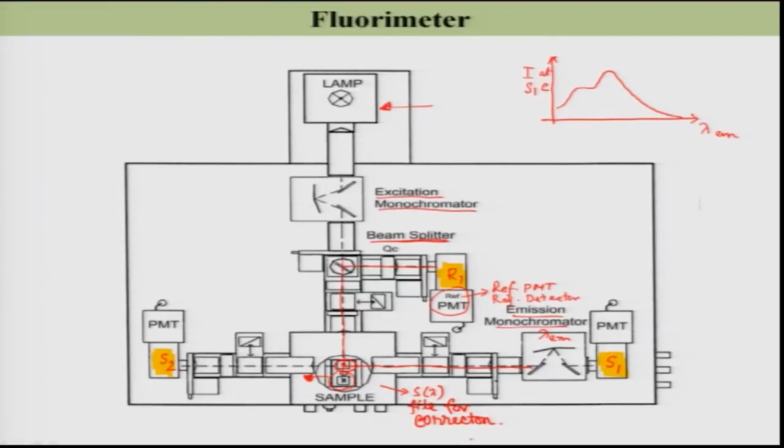Now, for example, this is for a particular lambda excitation, is it not. So, for this lambda excitation, you will get this emission spectra and this is your intensity, you are very happy, for a particular concentration.